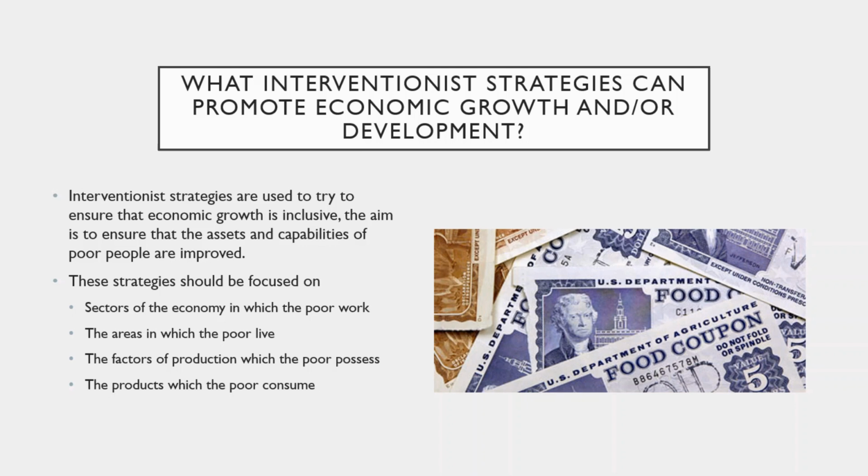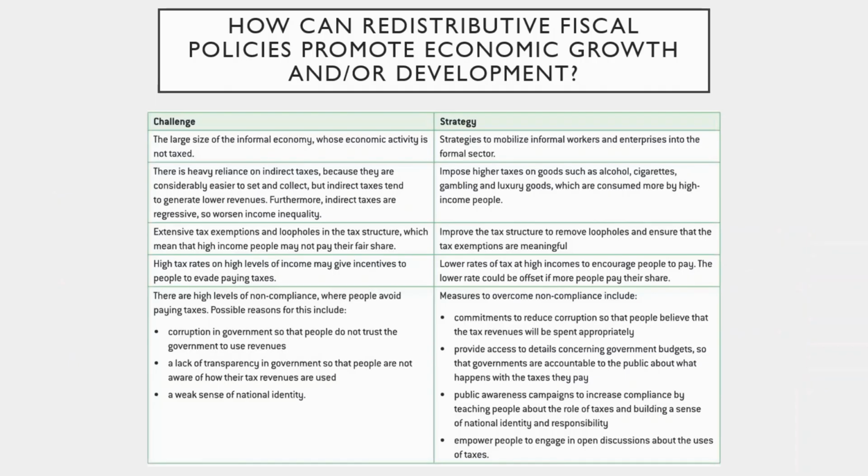Could be government help for the poor, like some kind of minimum wage, unemployment benefits, social security, helping those that live in poor areas, increasing factors of production, increasing infrastructure. Right, here's a chart. I'm not going to read it, but this goes over challenges and strategies.